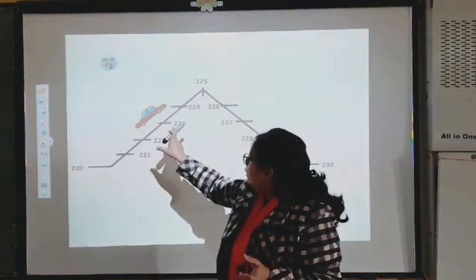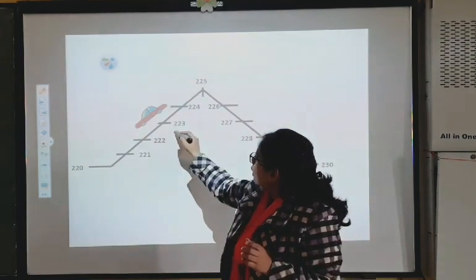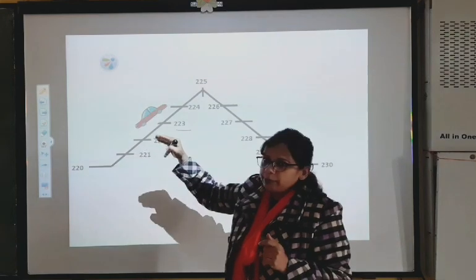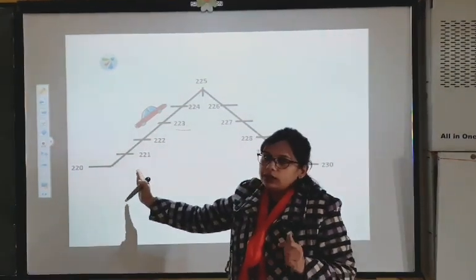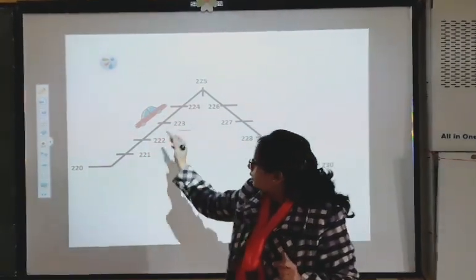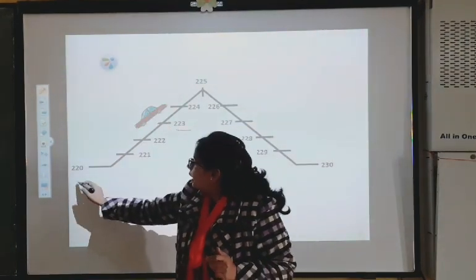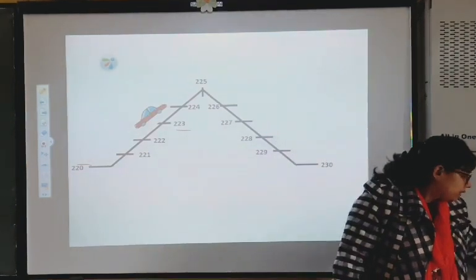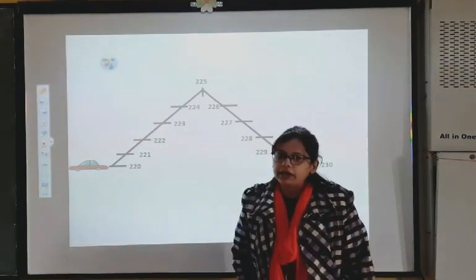So the toy car is on 223. What will happen? Will it go upward or downward? As you can see, the slope is downward and nearest to 220. So the toy car will slip down and come to 220. See, it will slide down and come to 220.